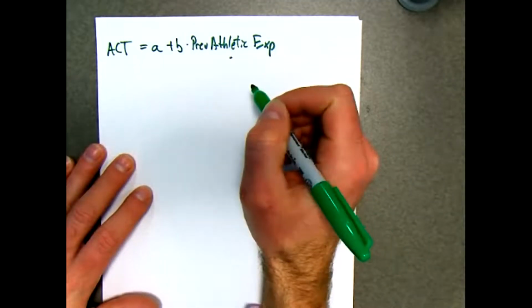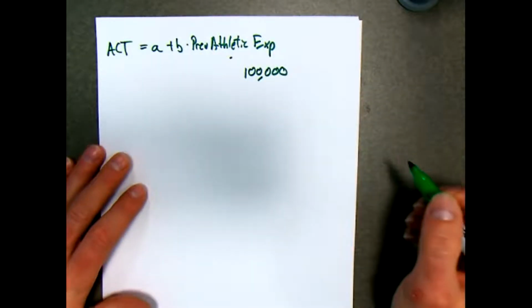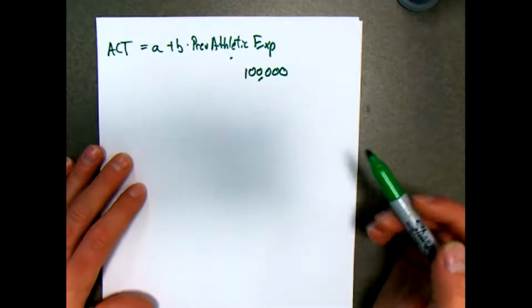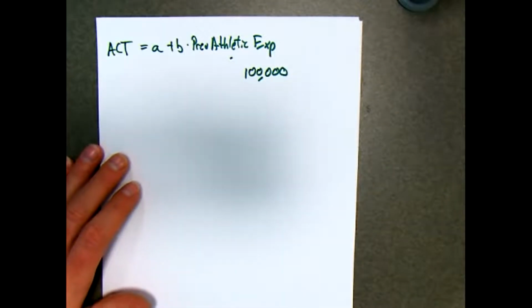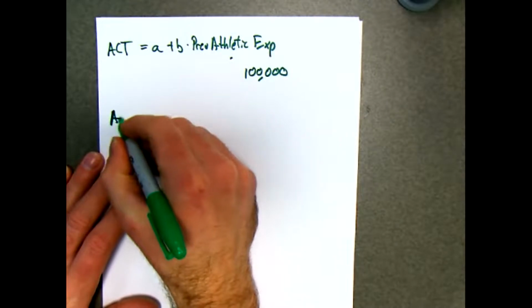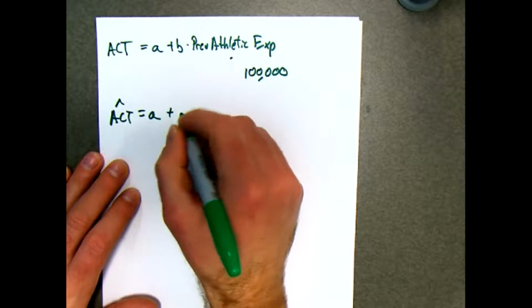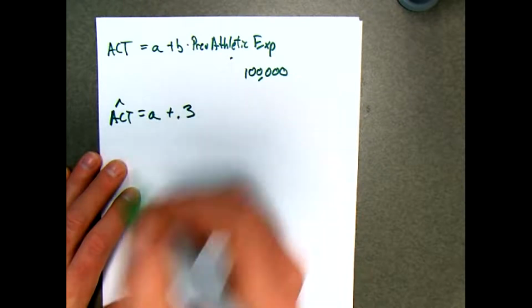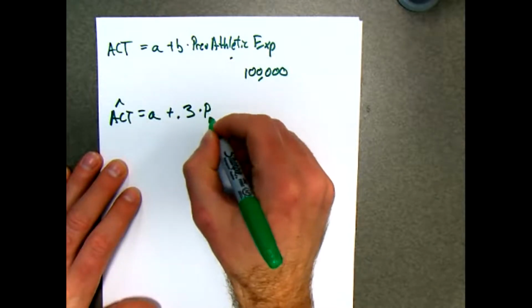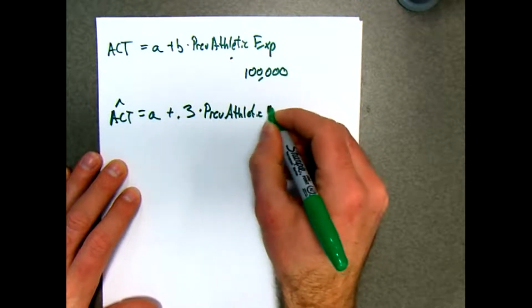However, this variable is measured in hundreds of thousands, so a 1 unit increase would actually be 100,000 additional dollars. I don't think I gave you the intercept, but I believe I told you the coefficient on that athletic expense variable was 0.3.